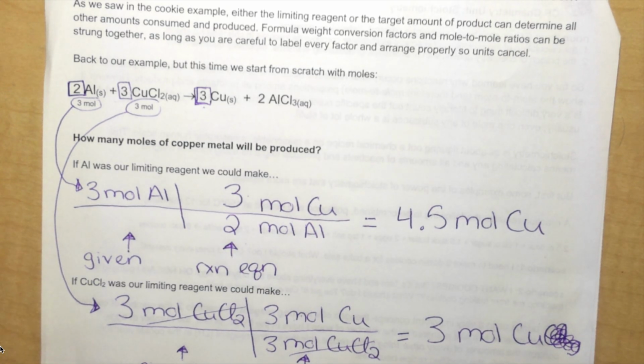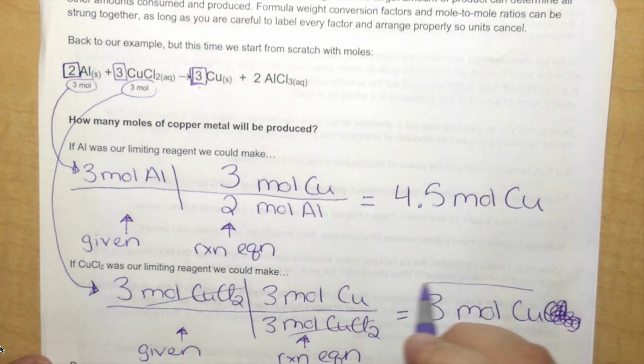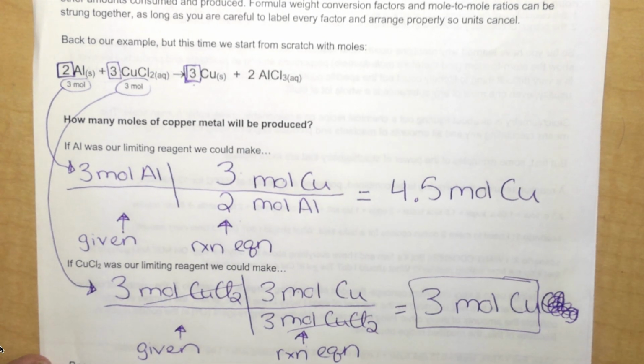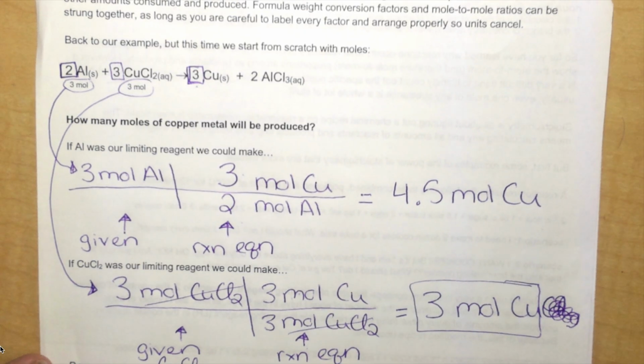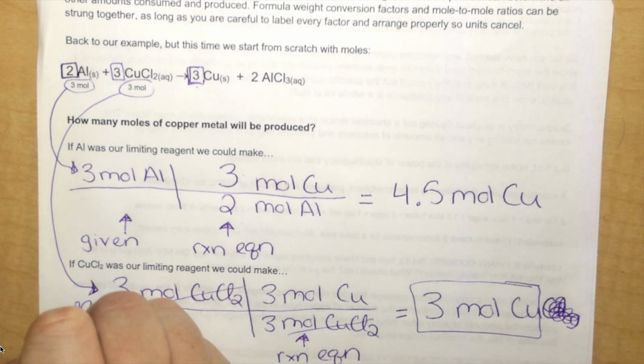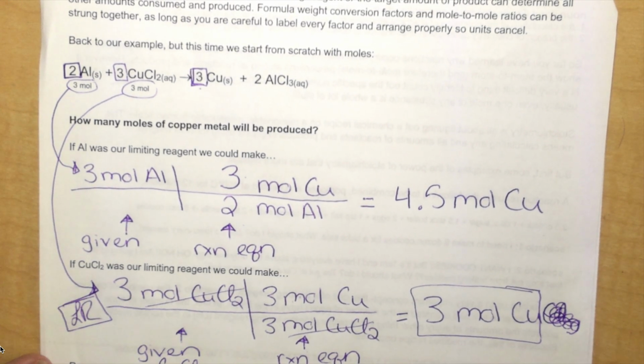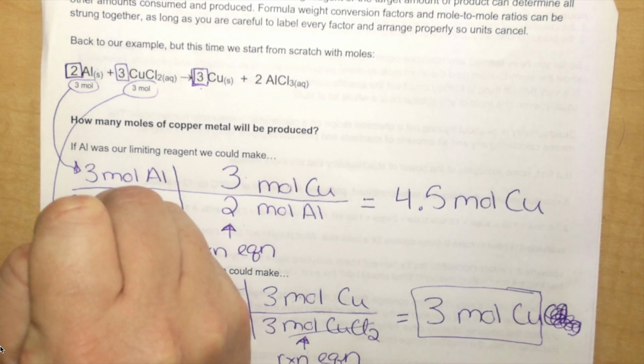My 3 moles of copper is my smaller amount. Because CuCl2 would make less copper, we determine that it is the limiting reagent. So my CuCl2 is my limiting reagent, and my aluminum up here is my excess reagent. It's my extra.